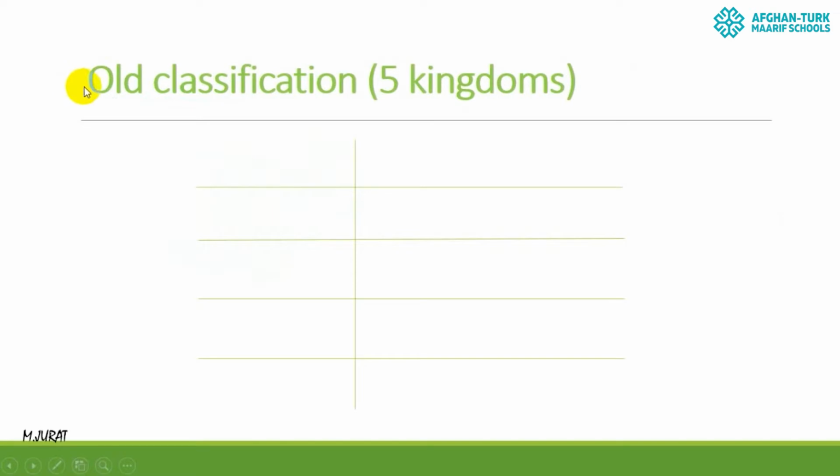So, according to the old classification, they divided living organisms into 5 kingdoms that we are going to discuss. The first kingdom was Kingdom Monera. Their creatures were unicellular and their type of cell was prokaryotic.